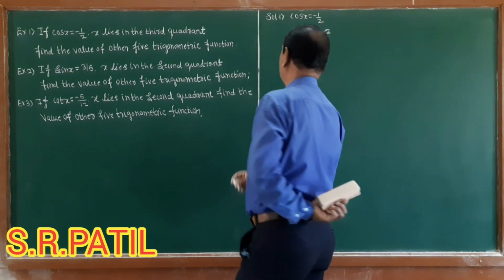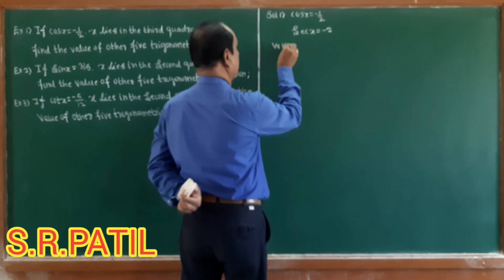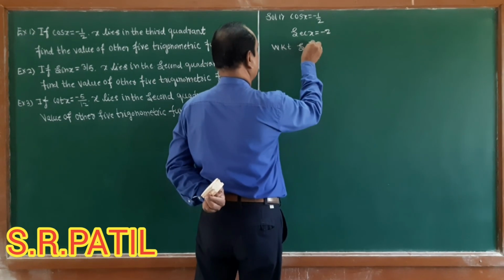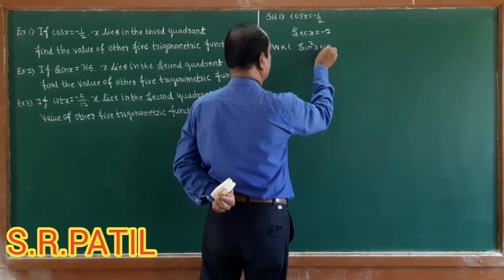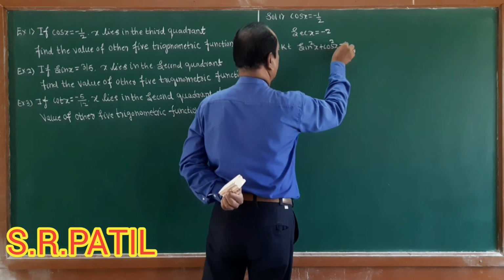We know the formula sin square x plus cos square x is equal to 1.